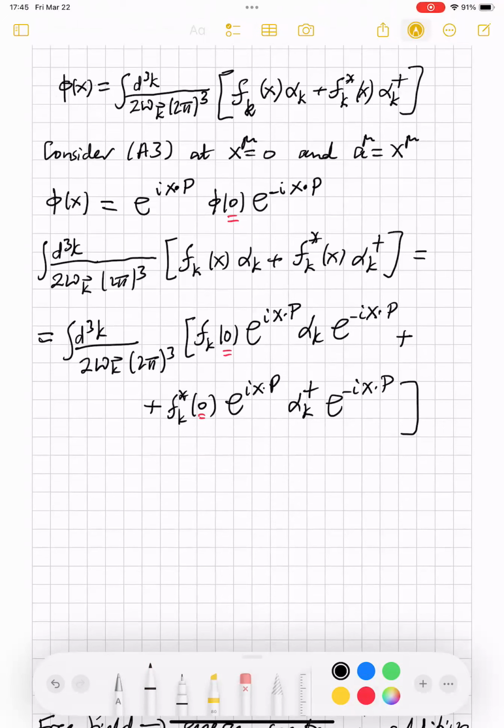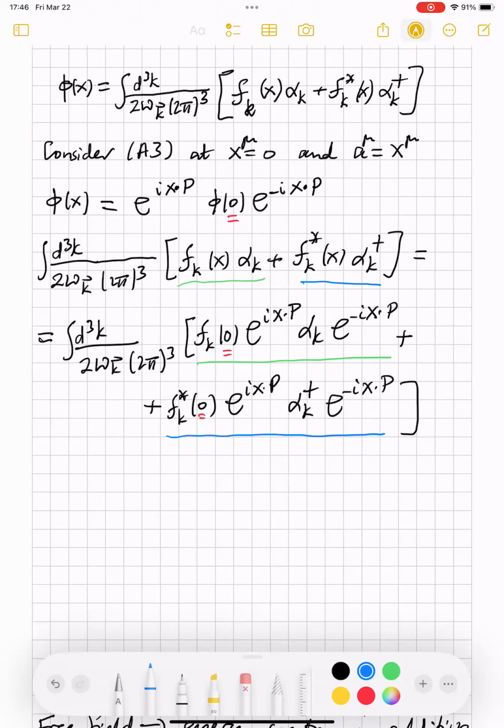So if I compare the two sides of this expression, it's quite clear that this term is going to be equated to that term, and taking the dagger of that, this term is equal to that term. So actually only equating the green underlined term to the green underlined term is enough to satisfy this axiom, because the blue underlined term equated to the other blue underlined term follows by taking a dagger.